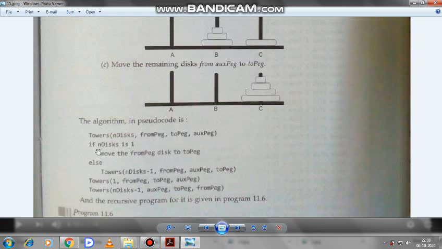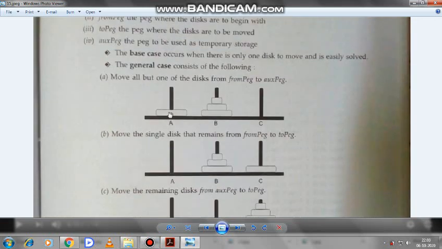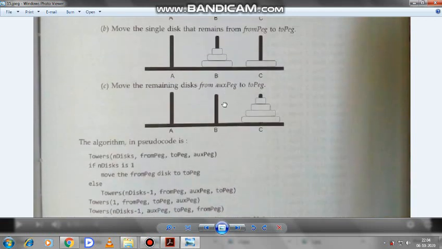See, at first I have to move from the from peg to the aux peg using the to peg as the auxiliary. Now what is my condition? If n disk equals 1, then move from the from peg to the to peg. Otherwise, move n minus 1 disks from the from peg to the aux peg using the to peg as the auxiliary.